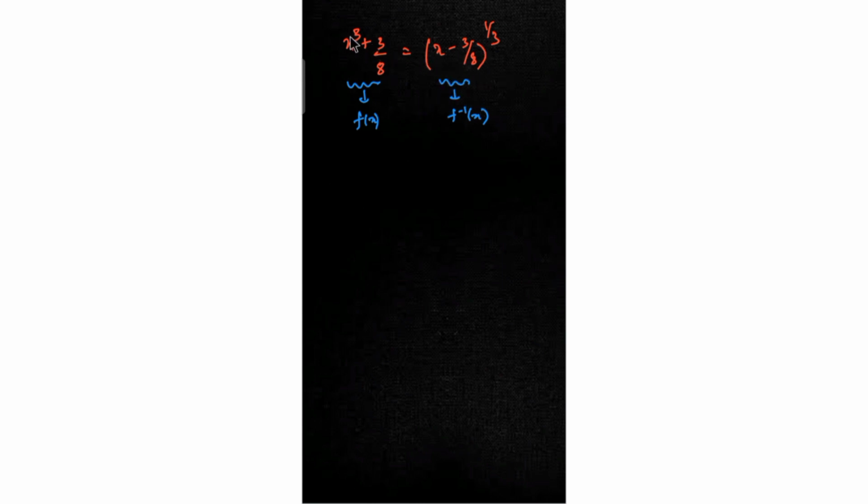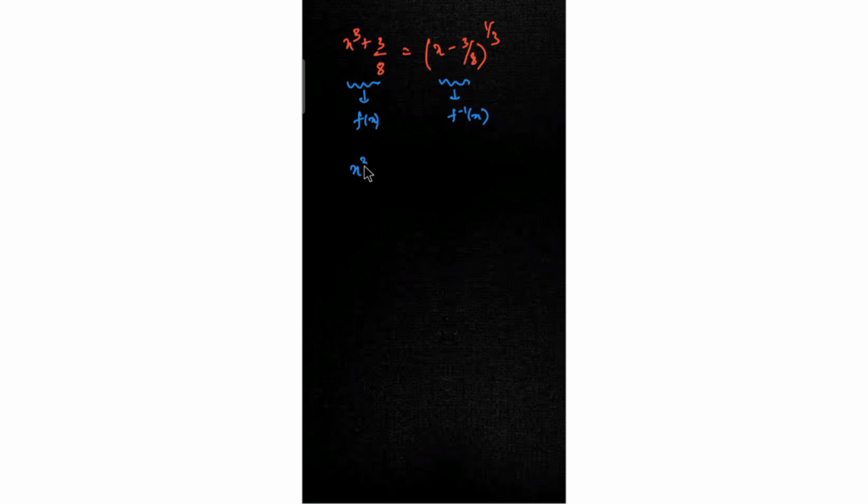Because there's a cube term here and there's 1 by 3 power here, and here we have a positive term in the addition, but we have the negative term here, minus 3 by 8. So we could think that this function could be the inverse of it. We shall try whether it could be the inverse or not.